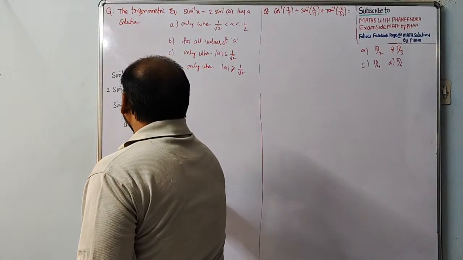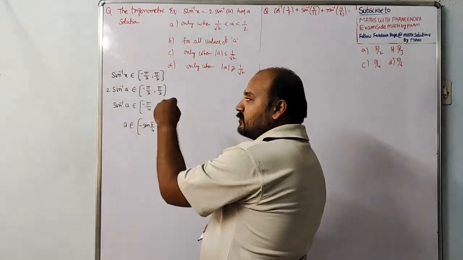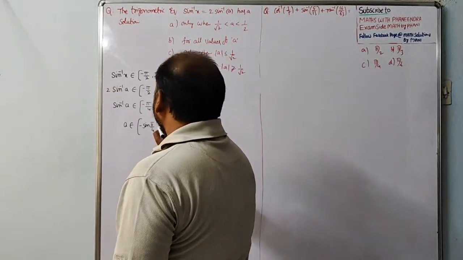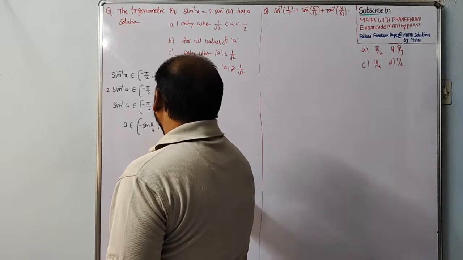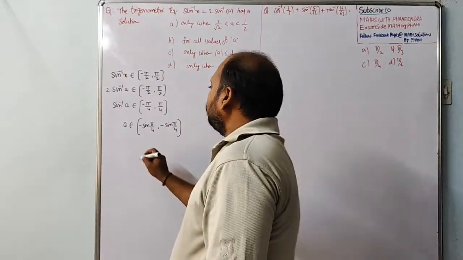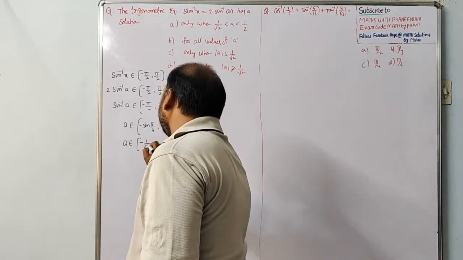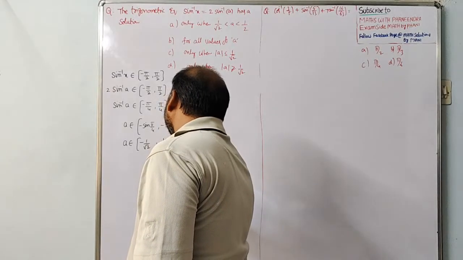So minus sin pi by 4. Whenever it is coming inside the bracket, sin inverse will become sin. So a belongs to sin pi by 4, minus means minus 1 by root 2 comma plus 1 by root 2.